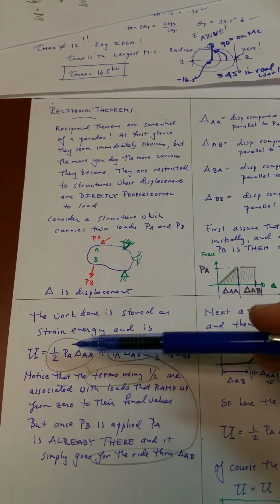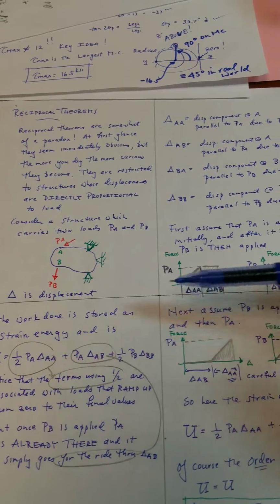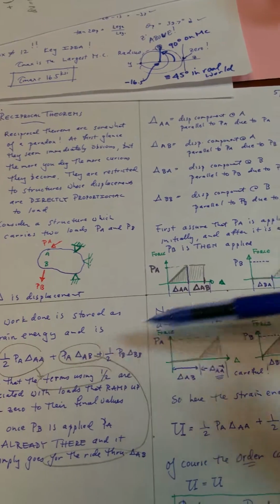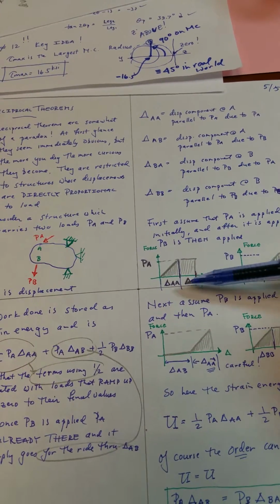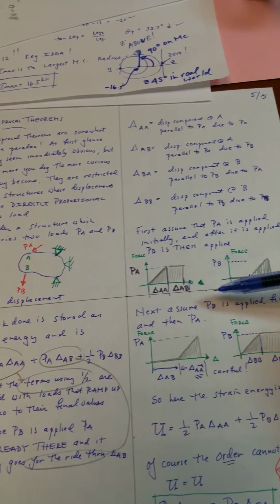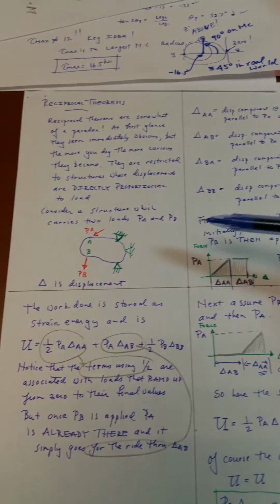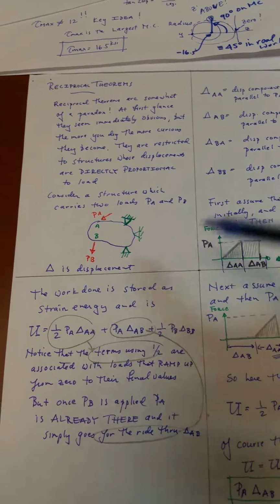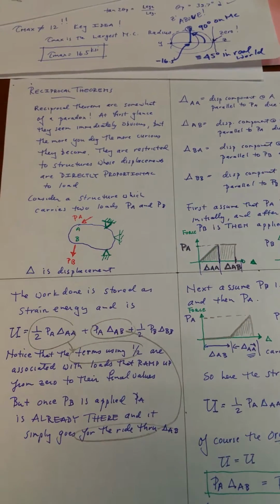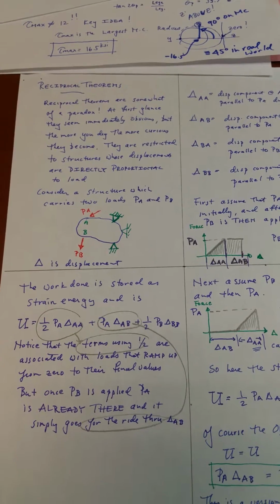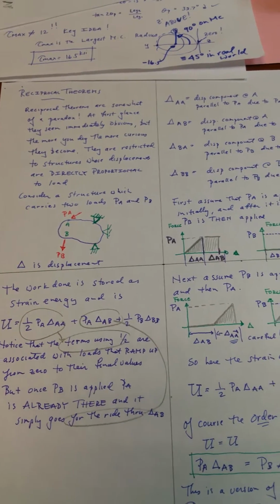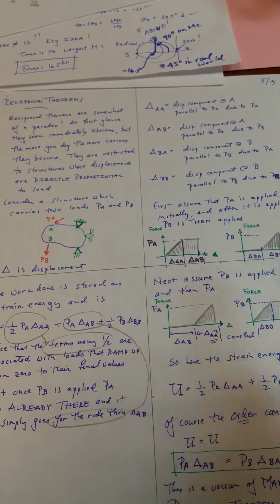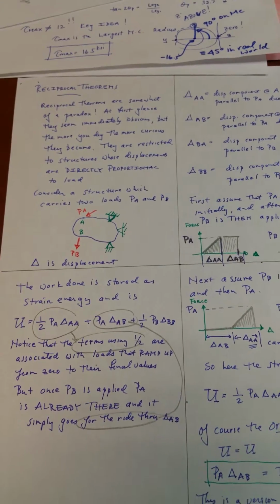So here's my triangle, 1/2 the base times the height. There's my rectangle, PA times delta AB, and there's my triangle, 1/2 the base times the height. So once again, the 1/2 terms are only used for these linearly increasing loads when it's ramping up from 0 to the final value. But the rectangles are there when it's going for a ride.